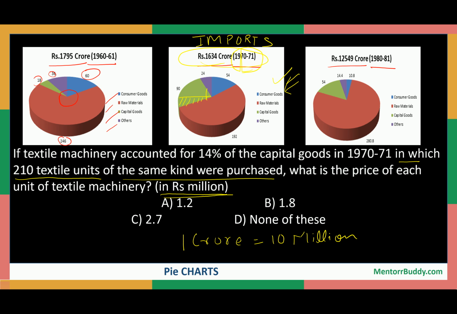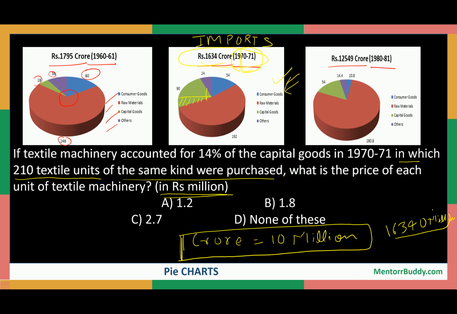This you should know, because 1 million contains 10 lakhs, 10 million contains 100 lakhs, and 100 lakhs is equal to 1 crore. So 1 crore will be equal to 10 million. So if 1634 crore is the total import for 70-71, it will become 16340 million, right? We just need to multiply by 10 to convert it into millions of rupees, correct?